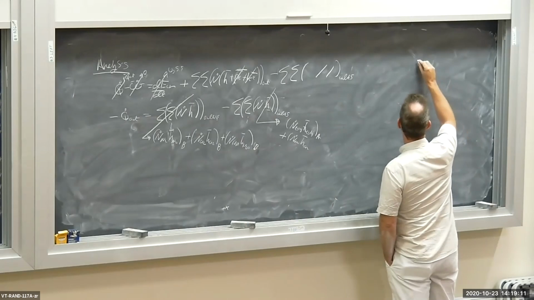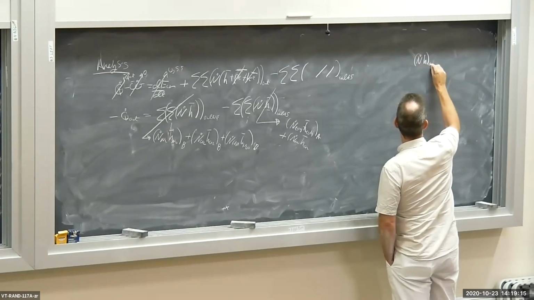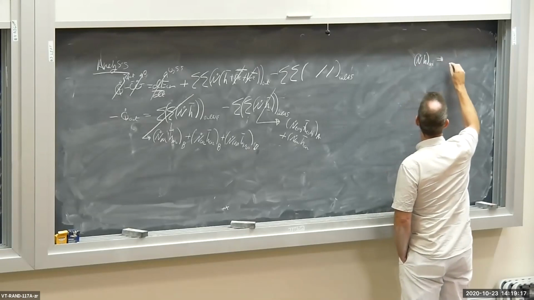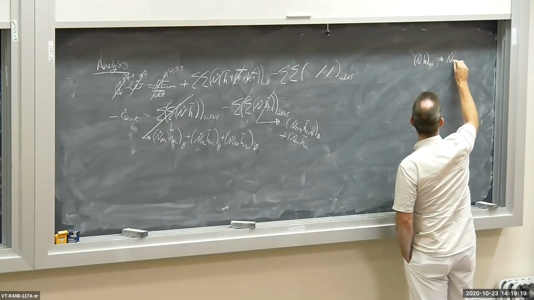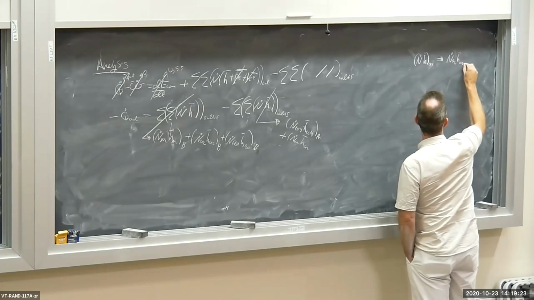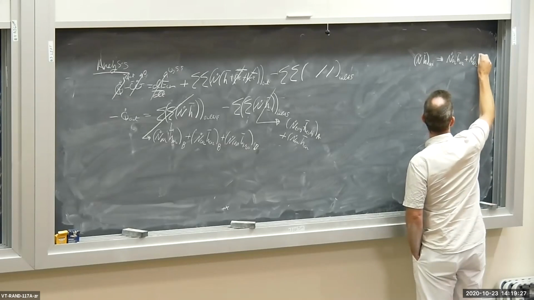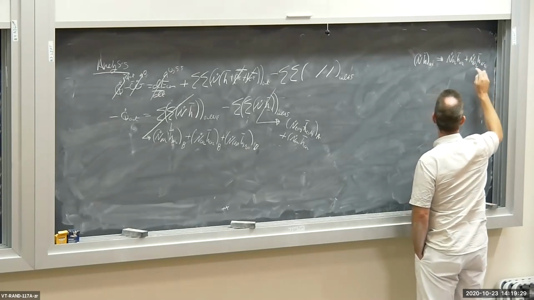So N dot H for the air really is N dot O2 H bar O2 plus N dot N2 H bar N2. That's really what it is.